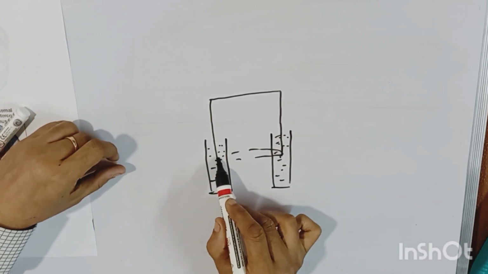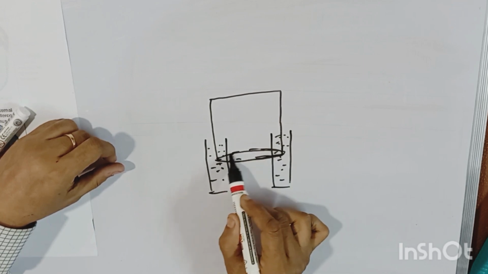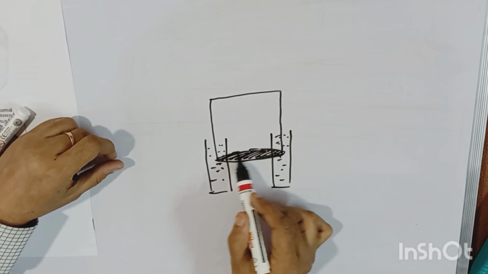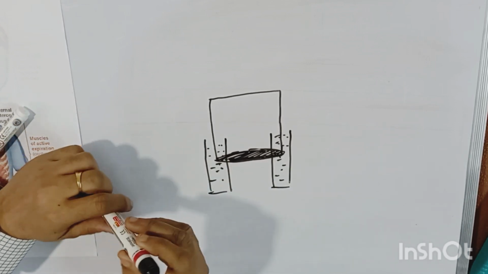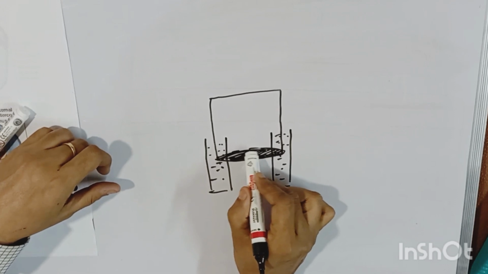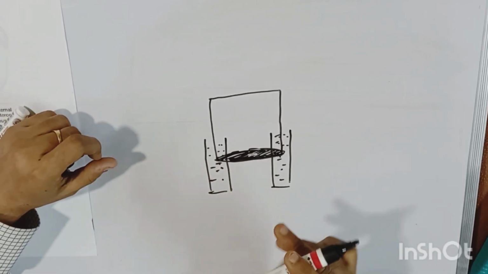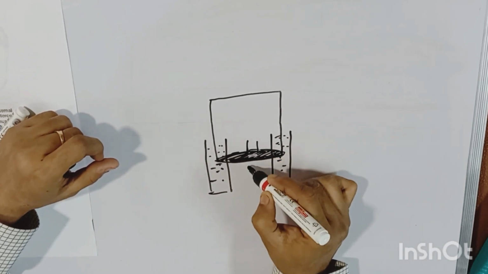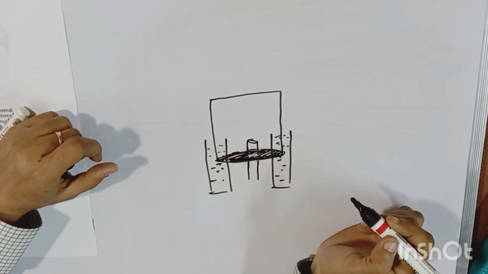Now I seal the mouth of this drum. The mouth is now sealed. Now I make a little hole out here, and I put a tube inside this hole. The tube comes out, so this is a tube.